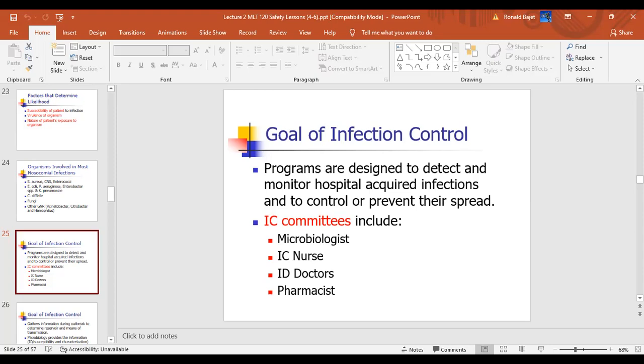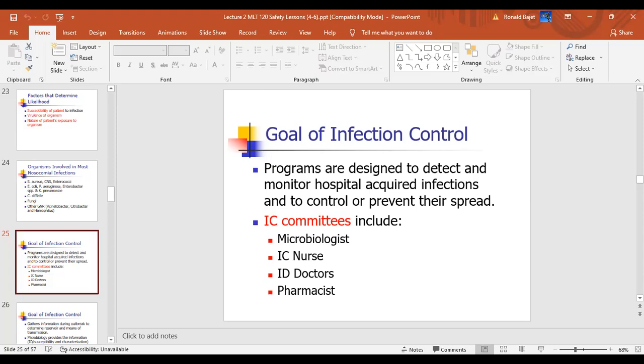For example, say I identified Kleb pneumo this week. I'll go to that antibiogram, and for Kleb pneumo at Naval Hospital Guam, it says every time, the likelihood of being sensitive to ampicillin was 80%. So that would be a good antibiotic to use.